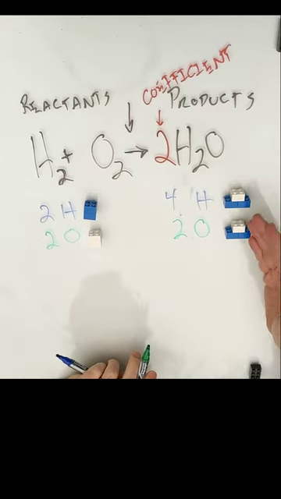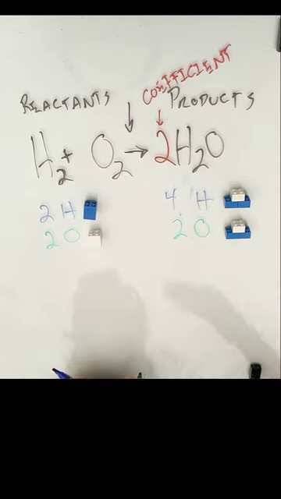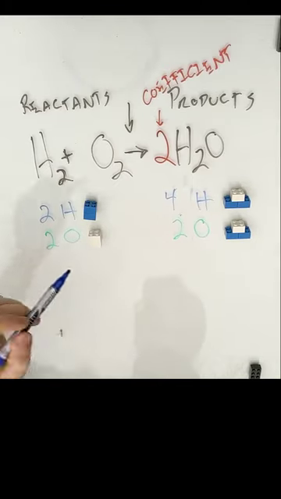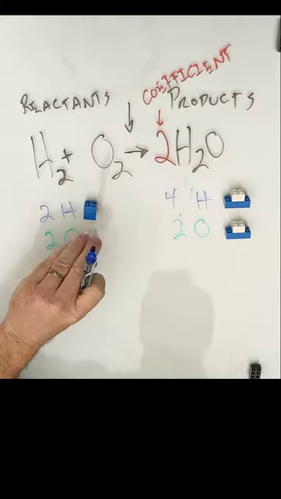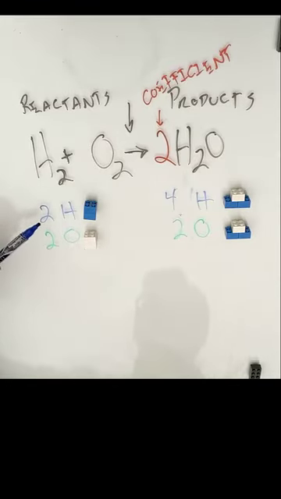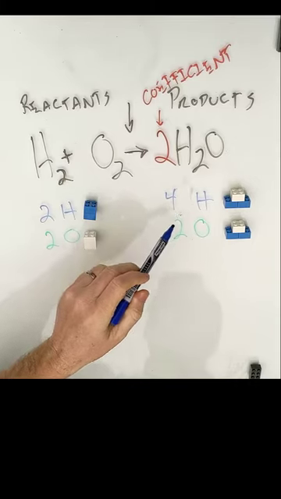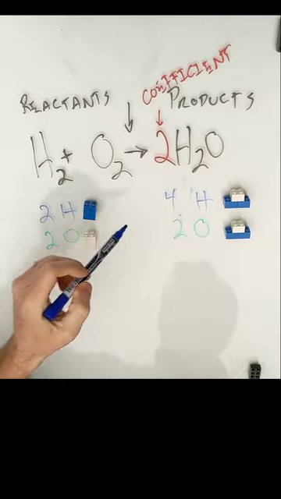So the 2 water molecules give me 4 hydrogen and 2 oxygen. Now if we go back to the left-hand side, you can see that now we have 2 oxygen, which is great, but now we only have 2 hydrogen here and we have 4 hydrogen over here. So we kind of fixed one problem and made another.